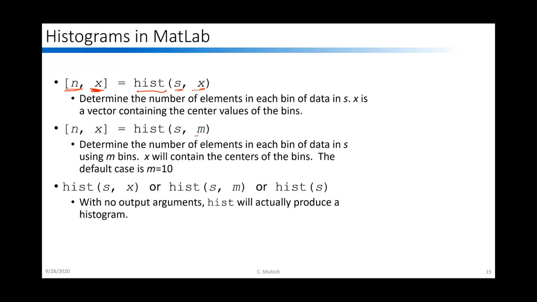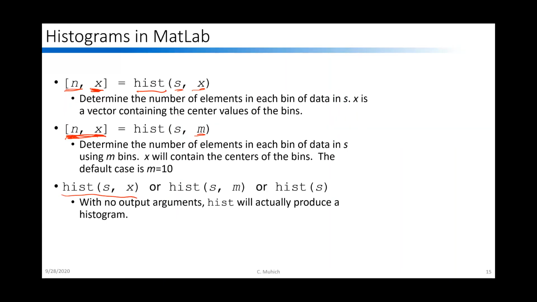Conversely, if I set just a single number m, MATLAB will return not only how many data points belong in each bin, but also the center of each bin. If I don't ask for any return, so I don't include n equals, MATLAB will just print out that histogram, just like we saw when we were working in MATLAB.